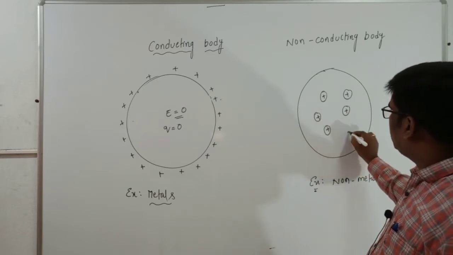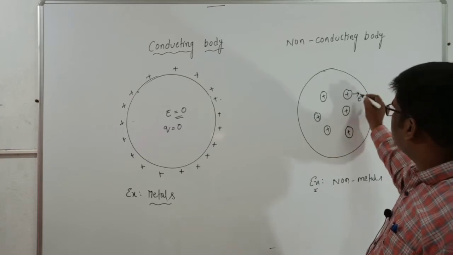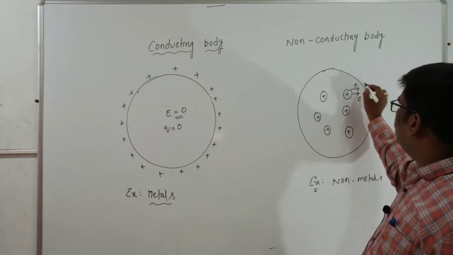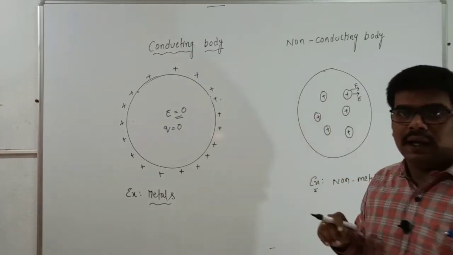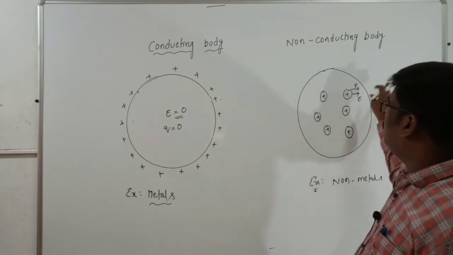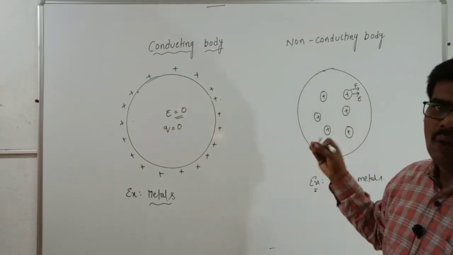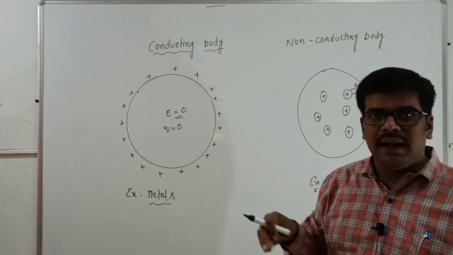Even if a charged particle is present inside, it will produce an electric field, and this electric field exerts a force on other charges, but that force will not move the particle. There is no movement of the charged particles, so what we discussed in electrostatics, that charged particles should be at rest, is valid.